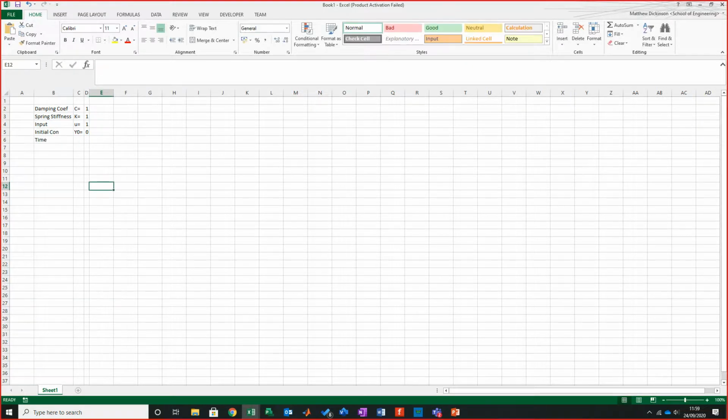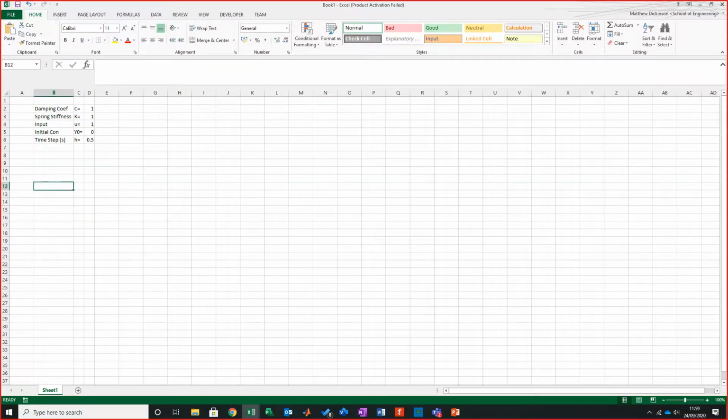Right, so I'm going to define a time step. For my time step, I'm going to define that as h. From there, I'm going to define my time constant, which in this case is tau.